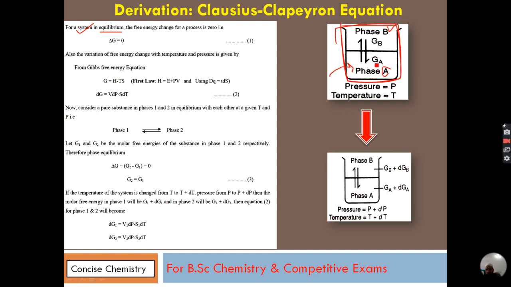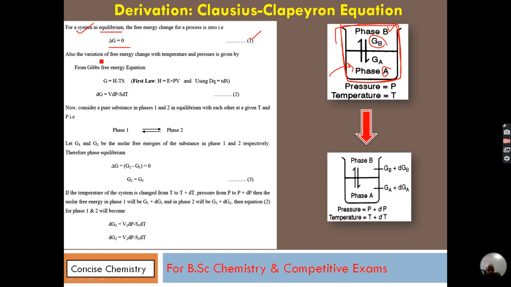Let's say the free energy is Ga, and the amount of substance present here will have free energy Gb. Now as the system is in equilibrium, obviously the change in free energy is zero. So whenever we have substances existing in equilibrium between the two phases, the free energy change is obviously zero. So here, point number 1, free energy change is zero.